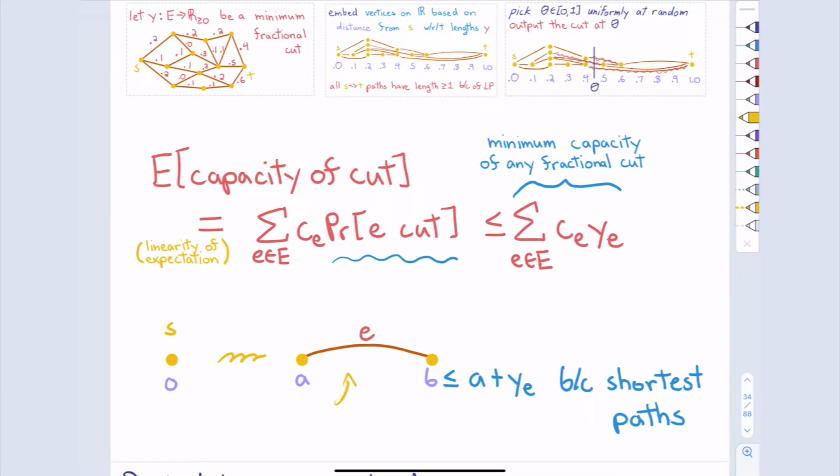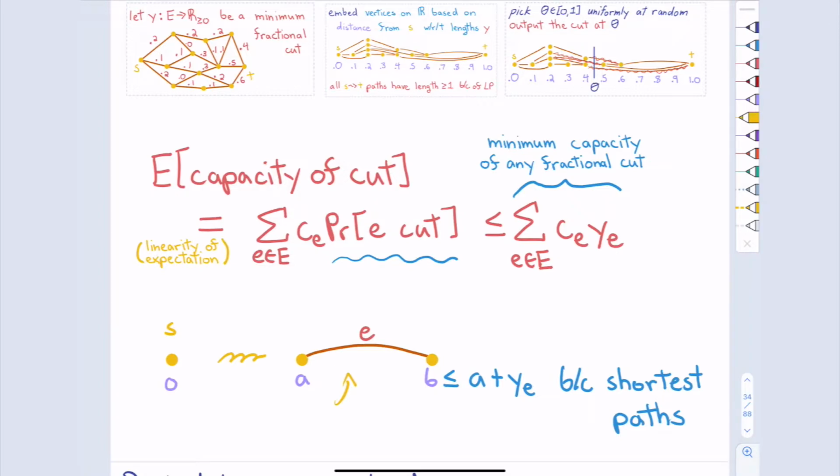So it's going from A to B, and I know this is embedding the shortest path metric from S, right? So there's some shortest path to A and some shortest path to B that puts them on the line.